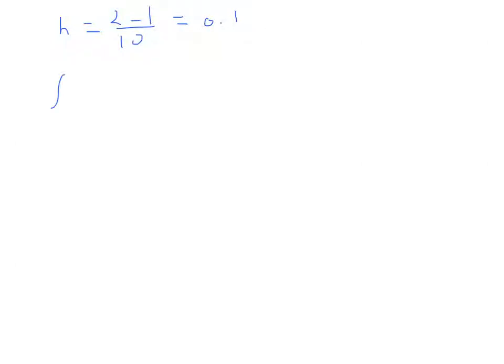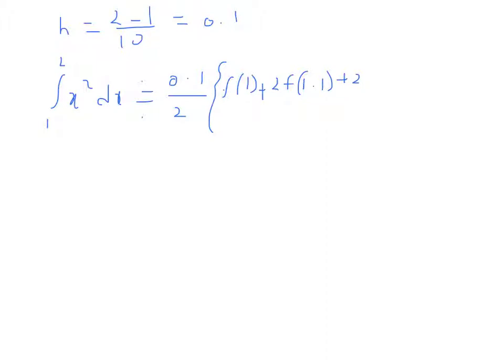Therefore, the integral from 1 to 2 of x squared dx will be approximately written this way. It will be 0.1 over 2, big parenthesis, f of 1 plus 2 f of 1.1. So we're adding h to a, then 2h, plus 2 f of 1.2.